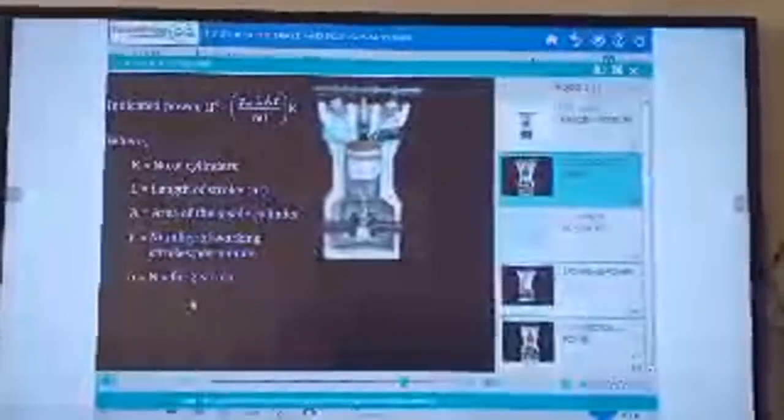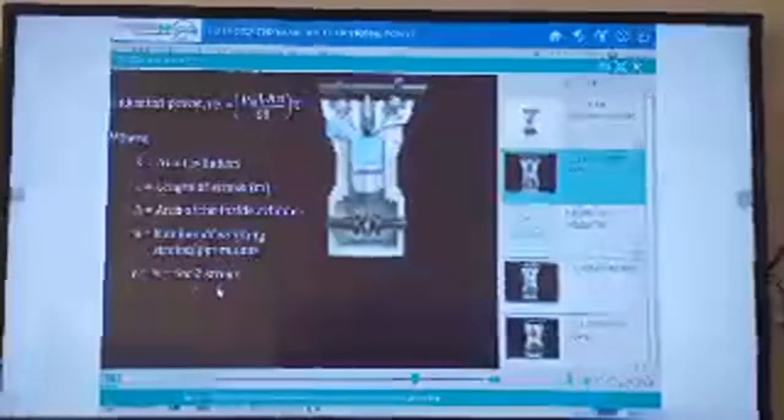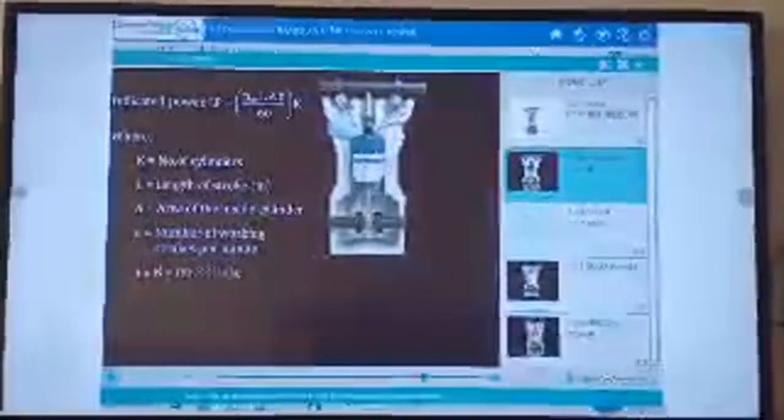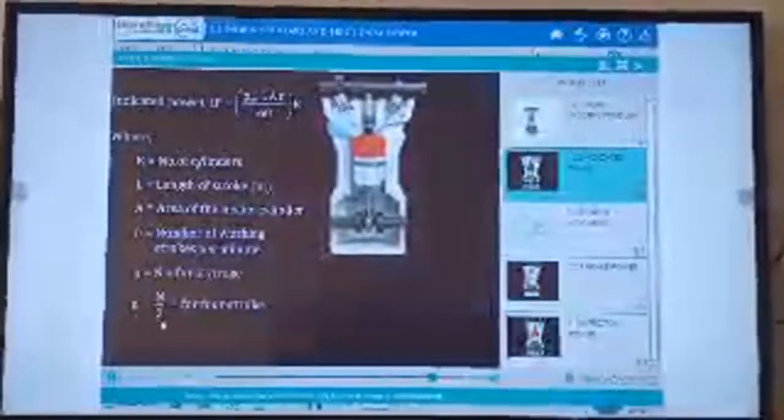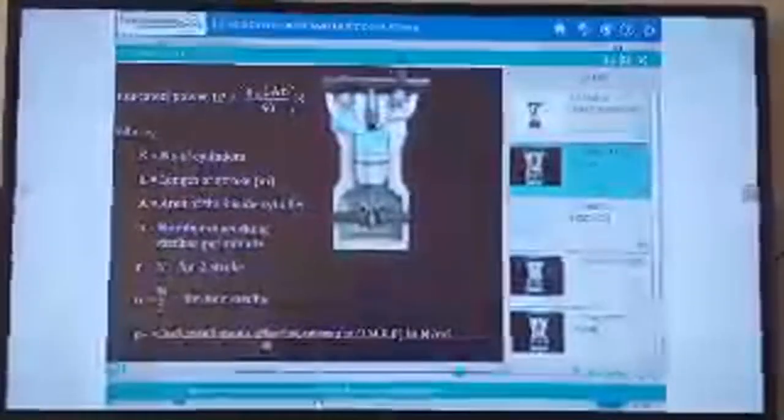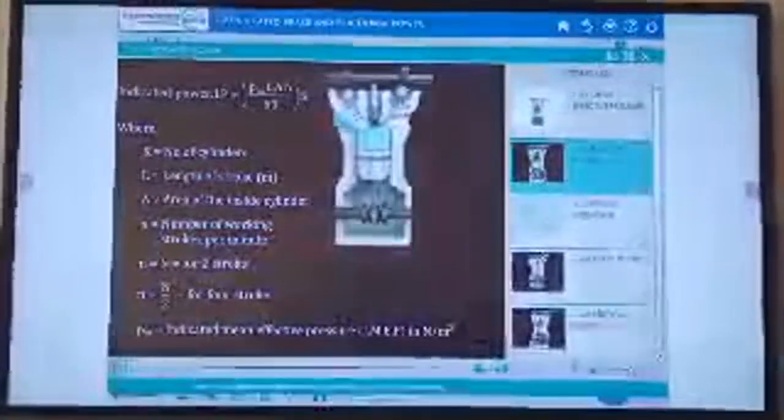Small n is equal to capital N for 2-stroke. N is equal to capital N divided by 2 for 4-stroke. PM is equal to indicated mean effective pressure, that is IMEP, in Newton per meter square.